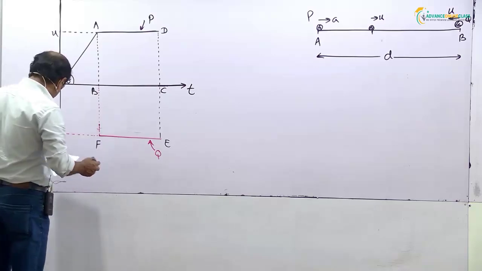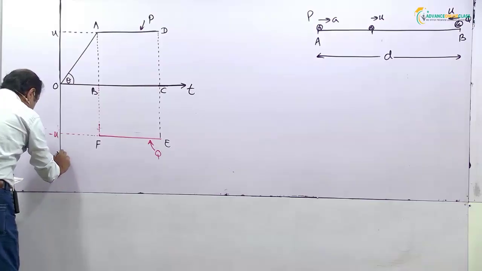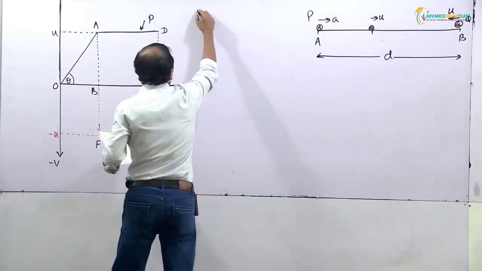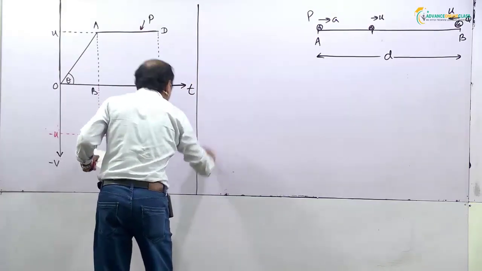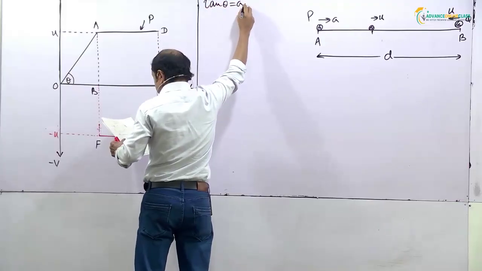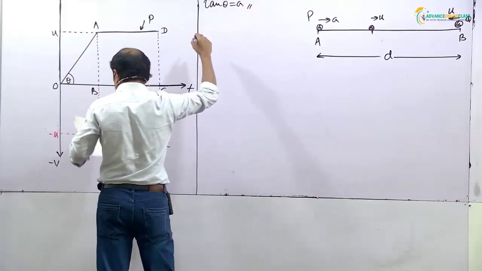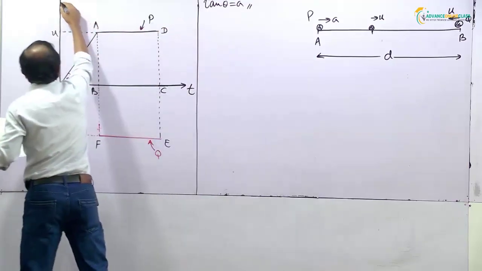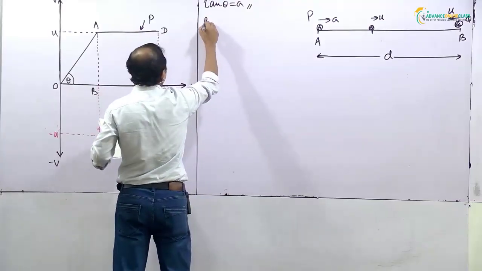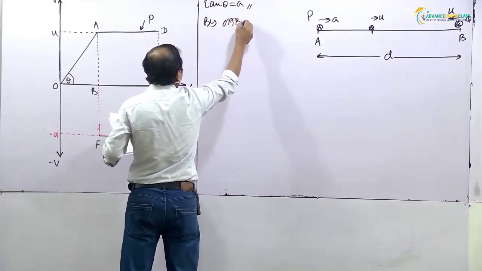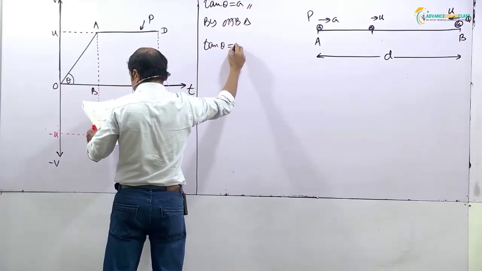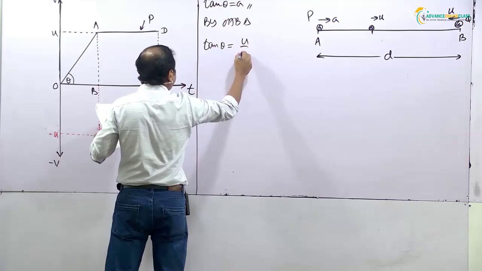We know tan theta is the acceleration, tan theta is simply A. By the OAB triangle, we can write tan theta equals U over OB.